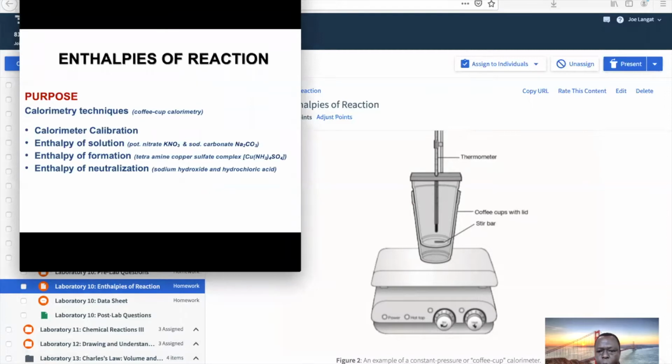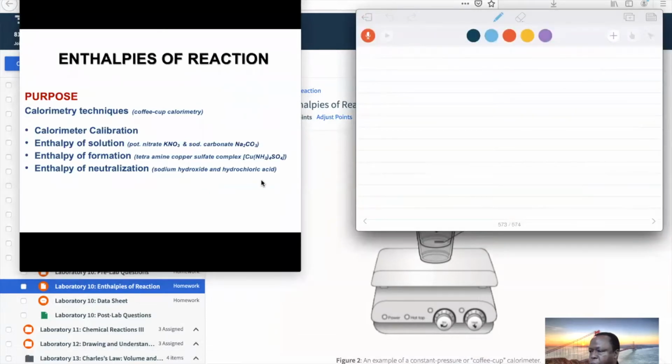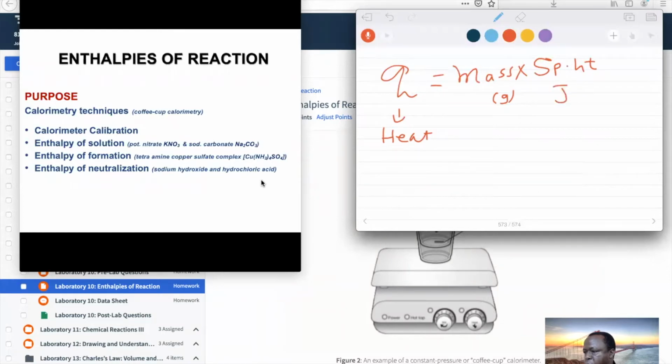Now, the equation used for determining the heat: Q, which is the notation for heat, is given by the mass, in grams, times the specific heat, which is given in either joules per gram degree Celsius, or sometimes calories per gram degree Celsius, times the change in temperature.